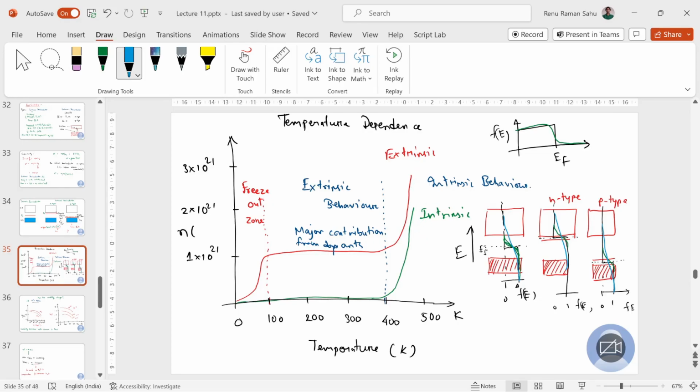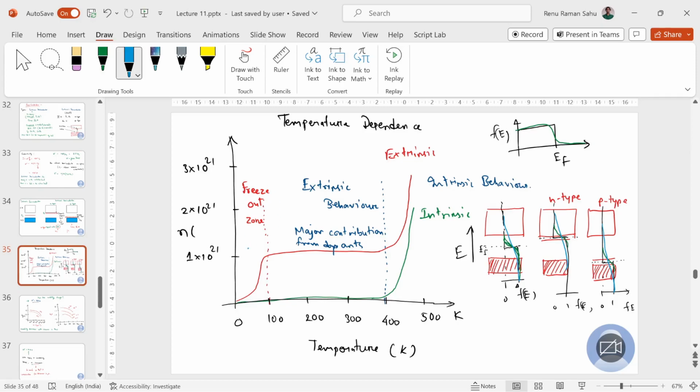So you got why this is happening, no? Why we have very low carrier concentration here, then we have a plateau, and then we have a sudden increase. So basically we have three zones in the extrinsic semiconductor when we increase the temperature.